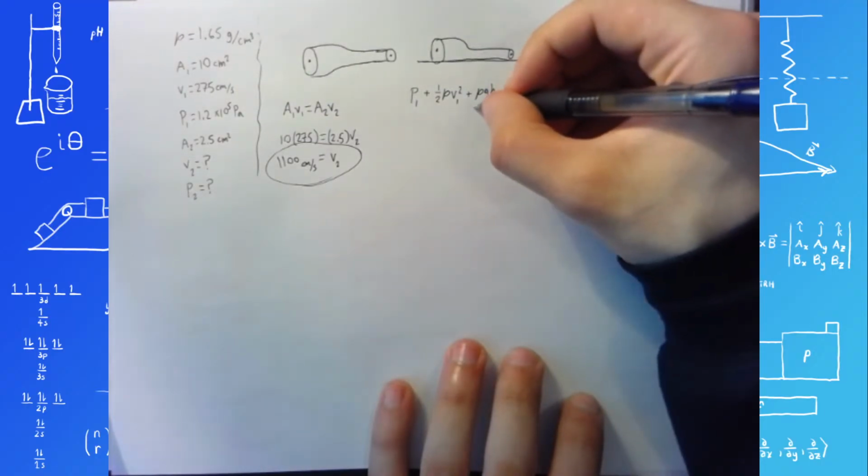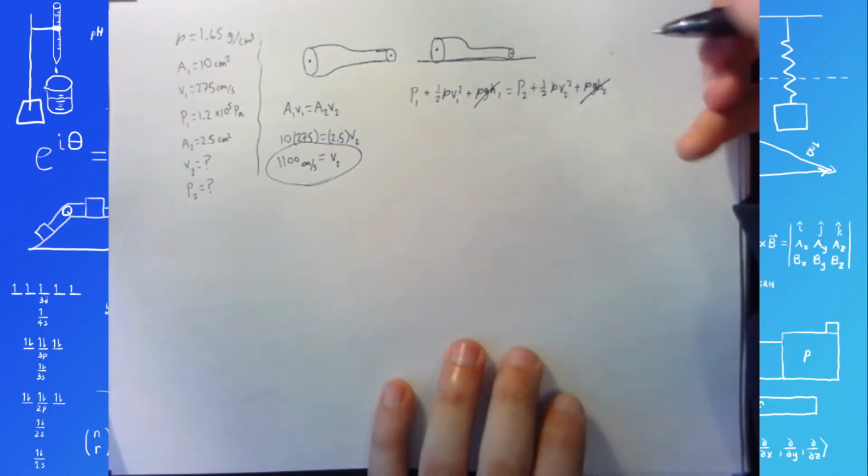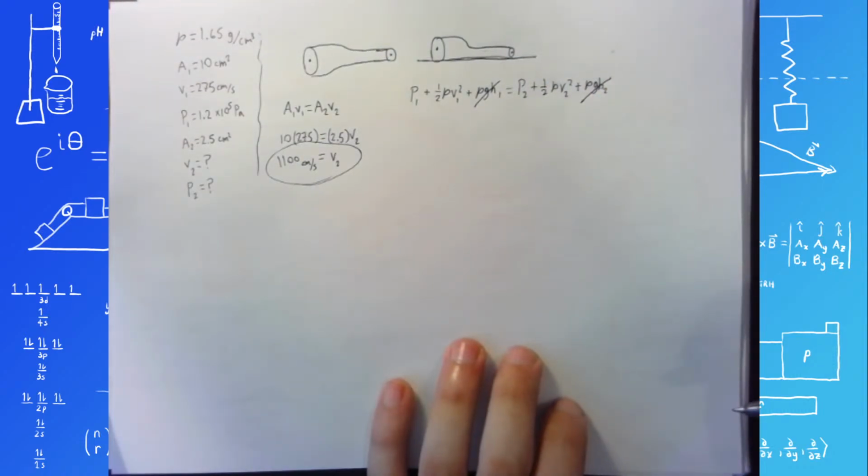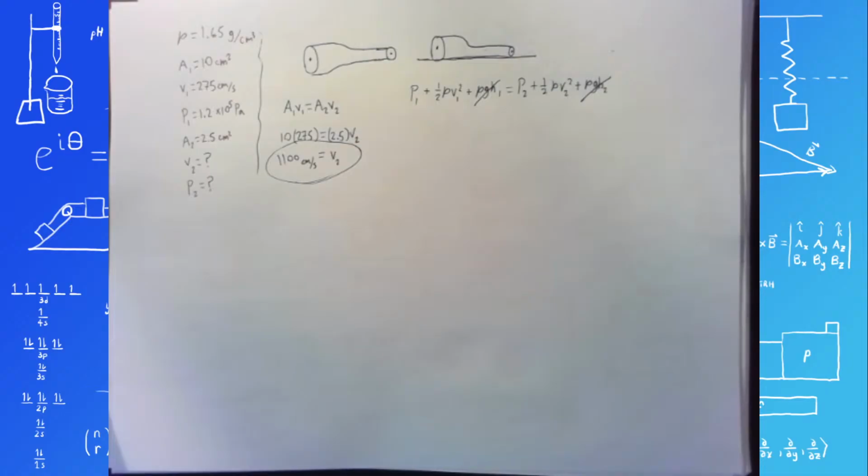That's Bernoulli's equation. H1 and H2 are the same, since this is supposed to be a completely horizontal tube, no changes in height. So that cancels out. We know V1, we know V2. Now P1 and P2. Actually, not too terrible, I don't think, in terms of the conversion that we have to do.